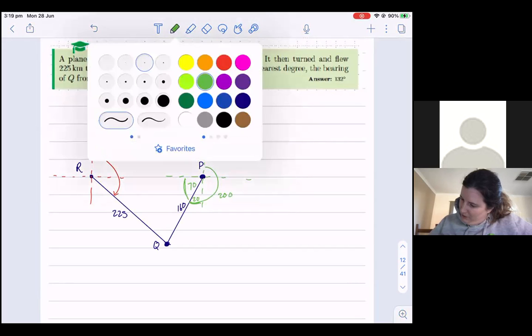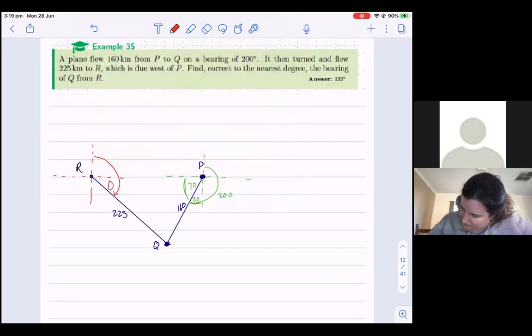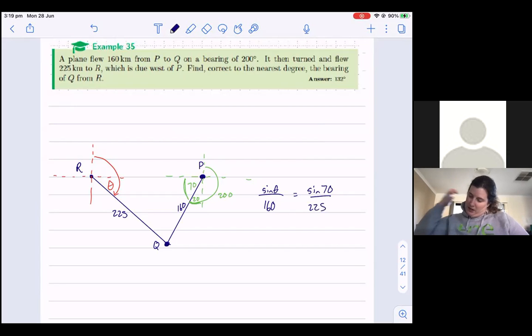So what we're going to find first is, I'm going to call this theta. We're going to use the sine rule to find theta and then add 90 on it, and we'll get that bearing. So we know sine theta over 160 equals sine 70 over 225, because it's always the opposite angle inside.